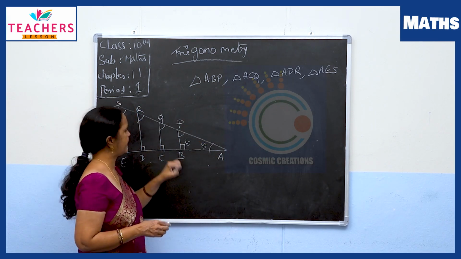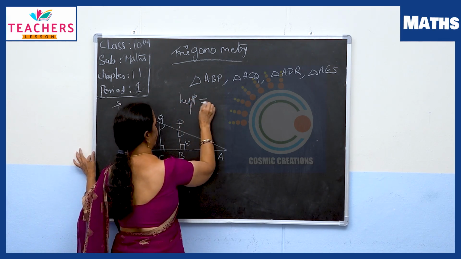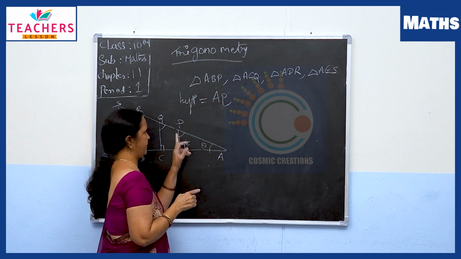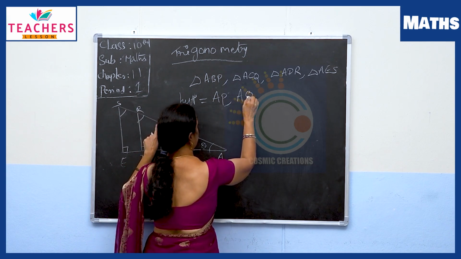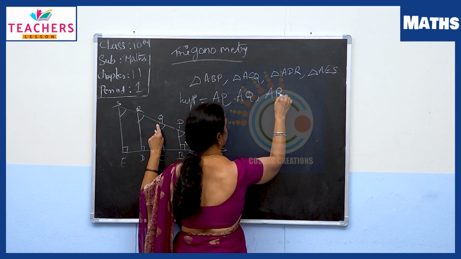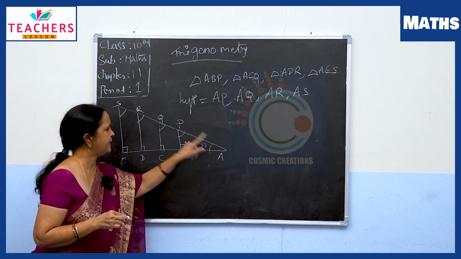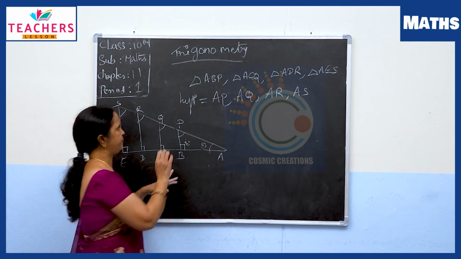In these 4 triangles, I am writing the hypotenuse. AP is hypotenuse in ABP, and in ACQ, AQ is hypotenuse. Next AR and AS are hypotenuse.